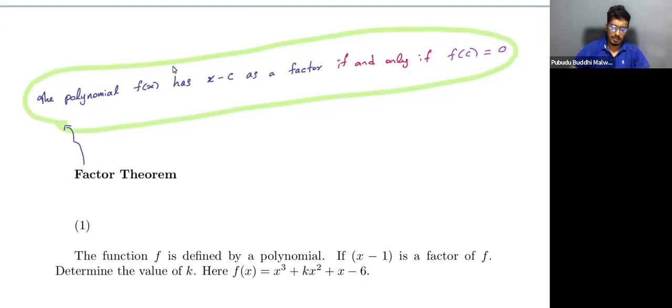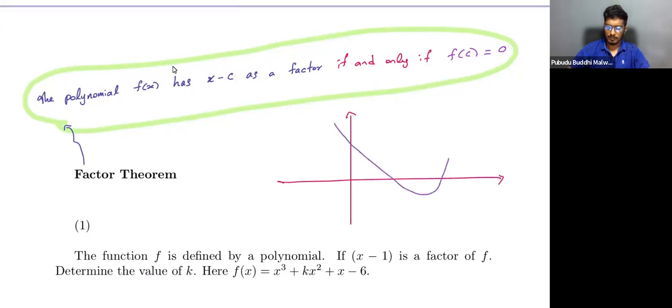For example, let's say, let me draw a graph like this. So, right? So, as you can see, how many x-intercepts are there?